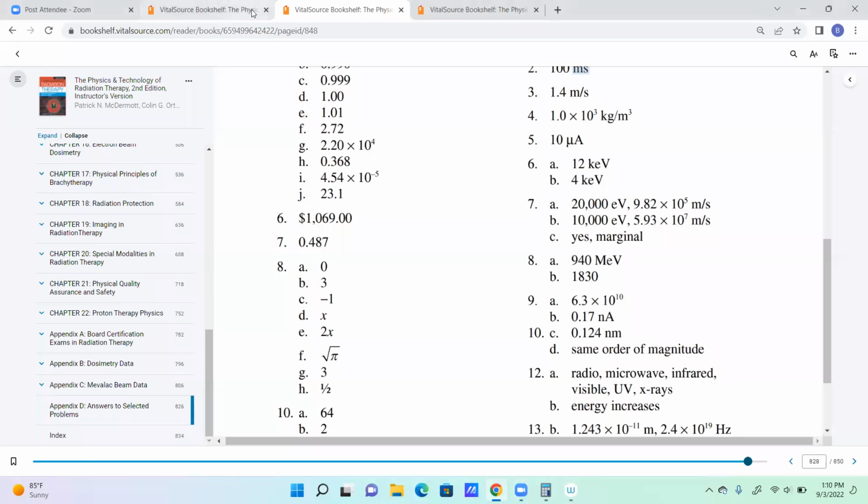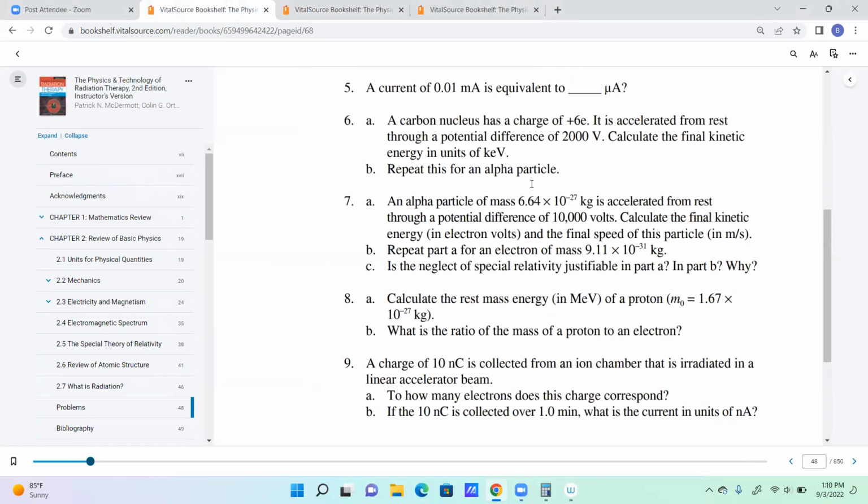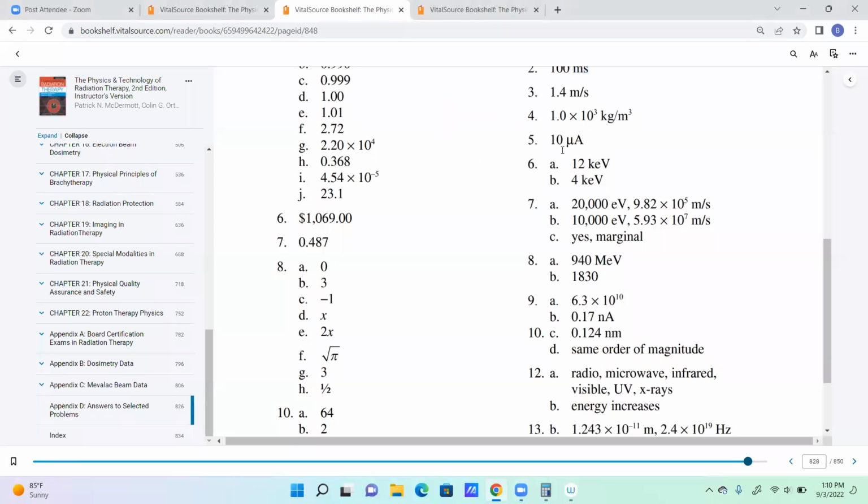Now, part B: repeat this for an alpha particle. You can probably see this is going to be the same type of thing. We're going to end up with 4e, because that is the charge, multiplied by 2,000 volts. Oh, wait, I'm sorry, 4e, that's not right.